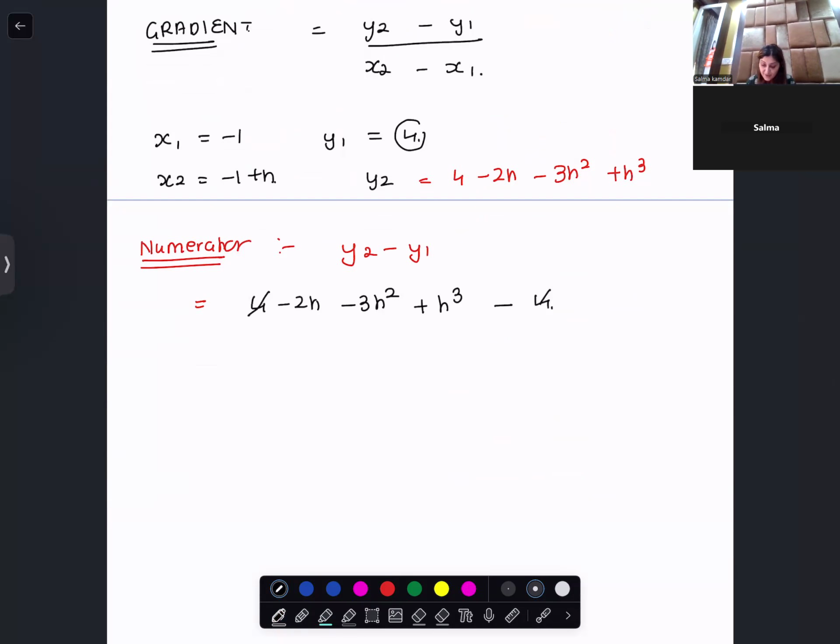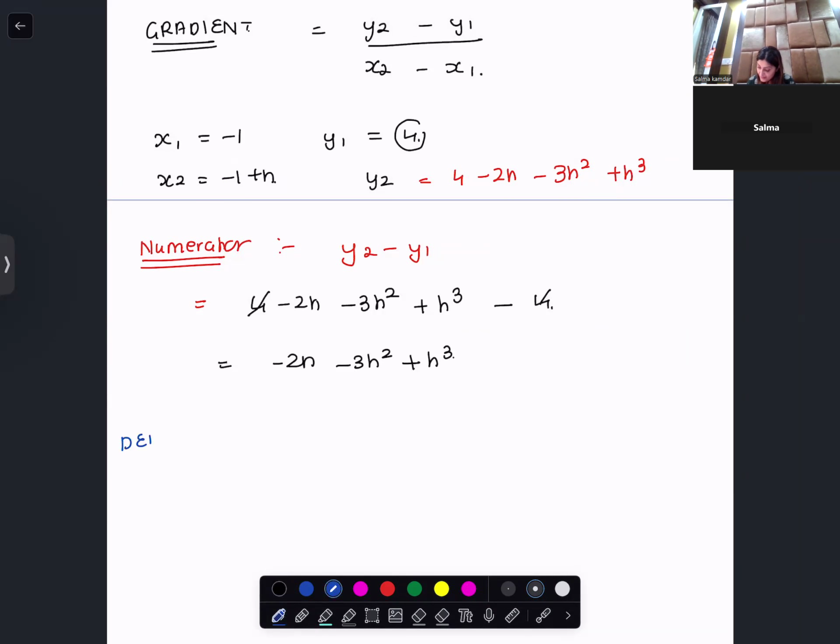Plus 4 and minus 4 would go away. So I am left with minus 2h minus 3h square plus h cube.